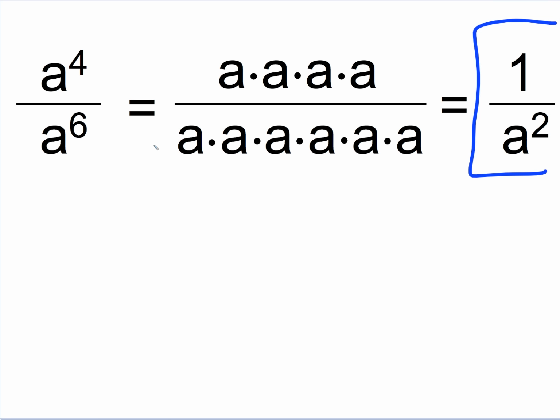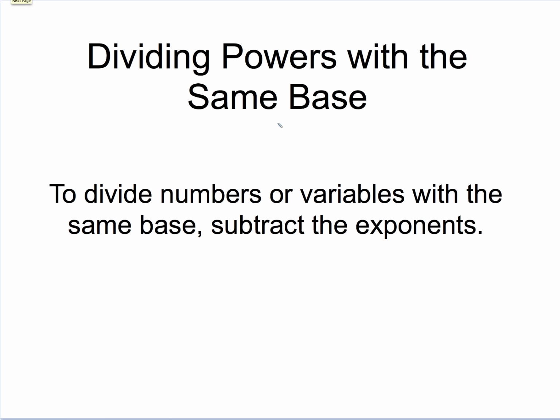So now if you see the pattern, since we are dividing with powers that have the same base, think back to what we did with multiplication. You might catch the pattern already. The way that you do this, dividing powers with the same base, it says to divide numbers or variables with the same base, you subtract the exponents.